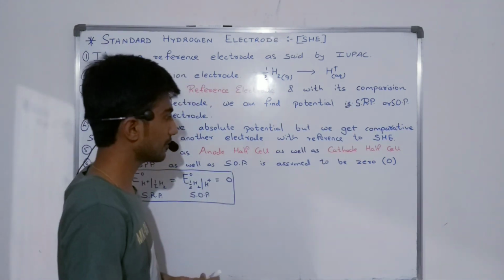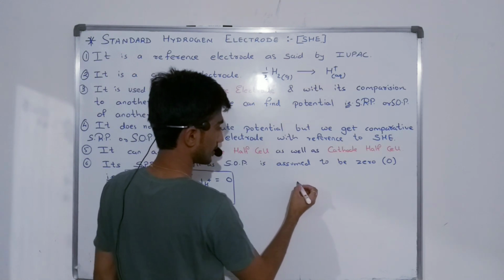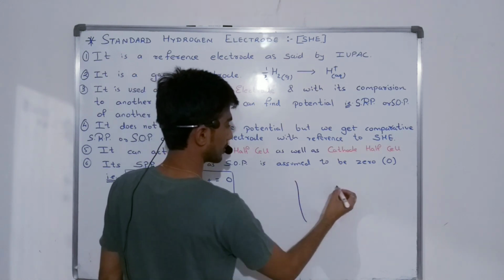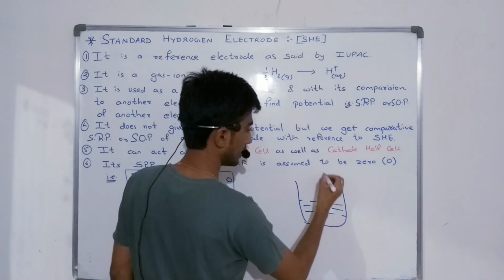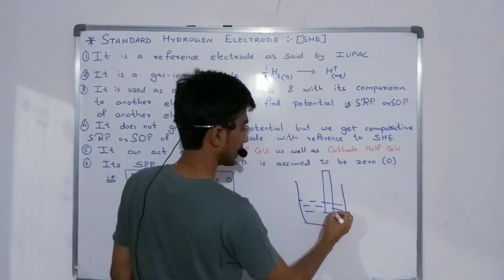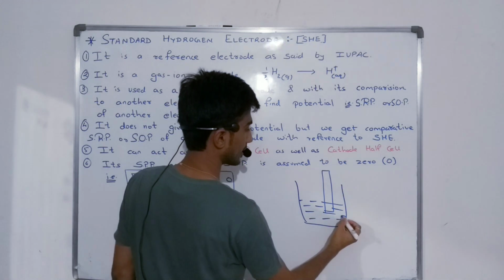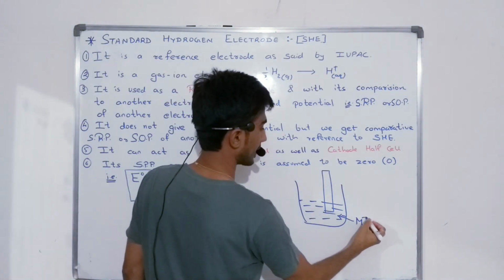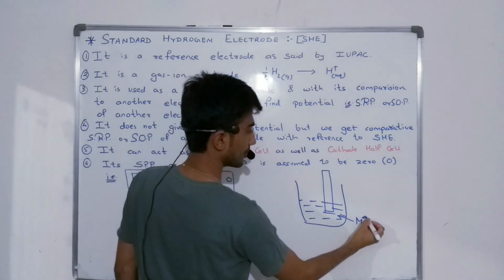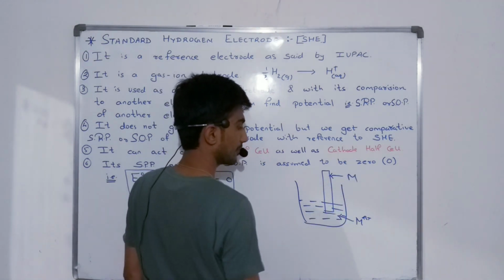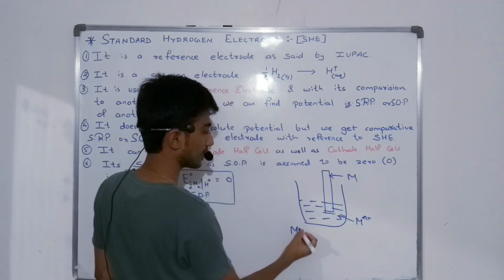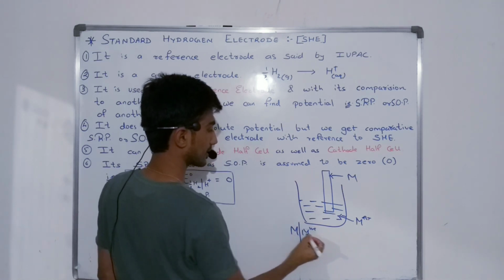In the Daniell cell we have seen that one electrolytic solution is taken, and in that one metal rod is immersed. This electrolytic solution contains metal ions of the same metal whose electrode is immersed. So over here we were using Mn positive.